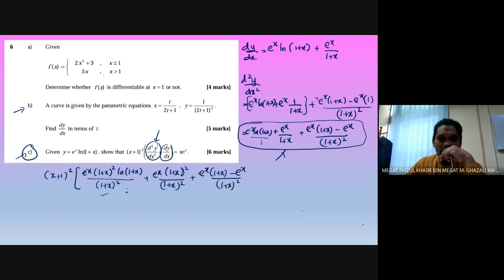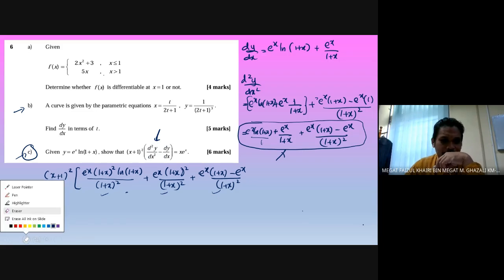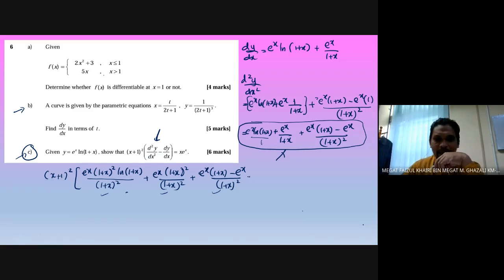Okay, 1, 2, 3 is for the second derivative. Is this a plus or minus? Minus, okay, dy/dx, e^x (1 plus x) ln(1+x) plus e^x divided by 1 plus x.